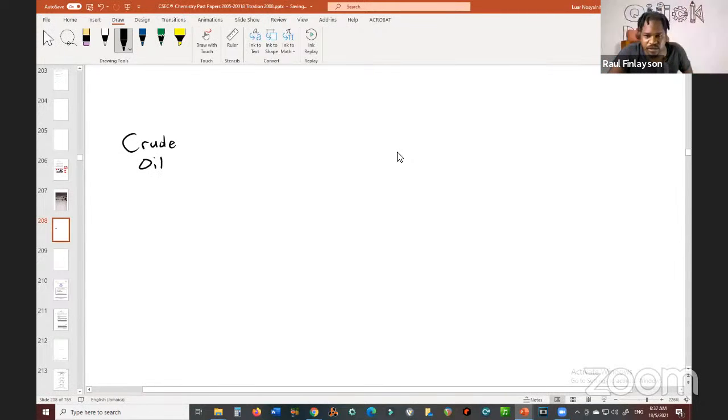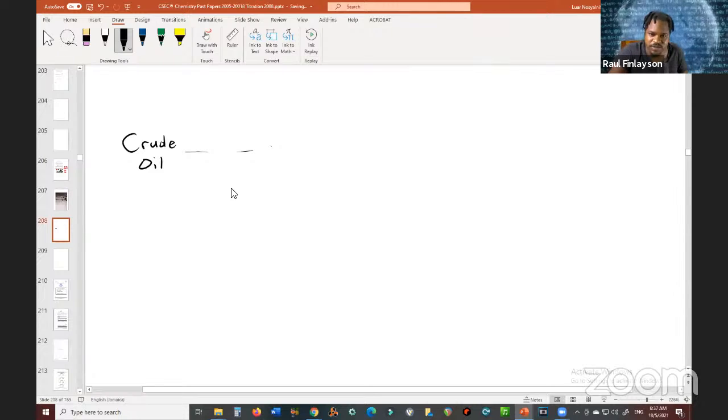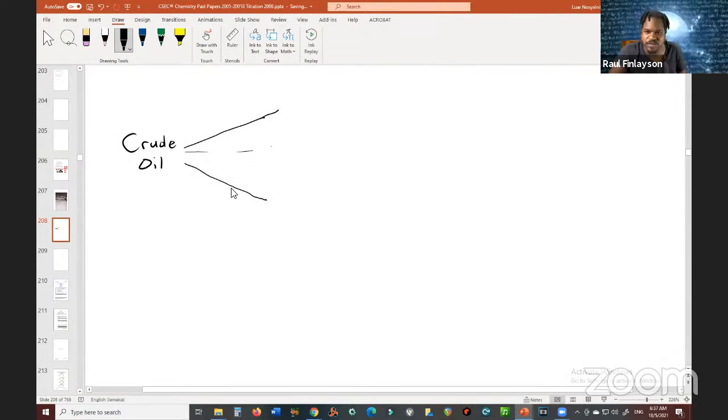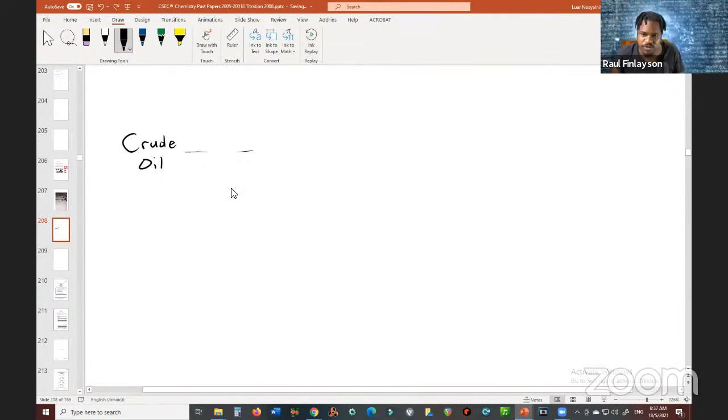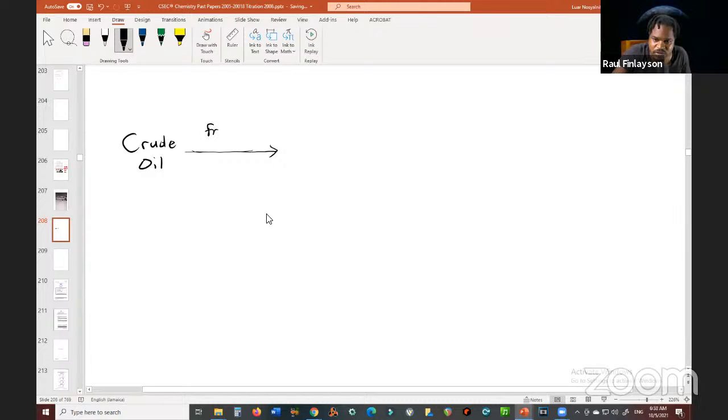All right. There are 2 processes that we learned about for crude oil. I don't know if anybody remembers them. But let's put it in simpler stages then. After crude oil, they may expect you to know that you do something called fractional distillation.